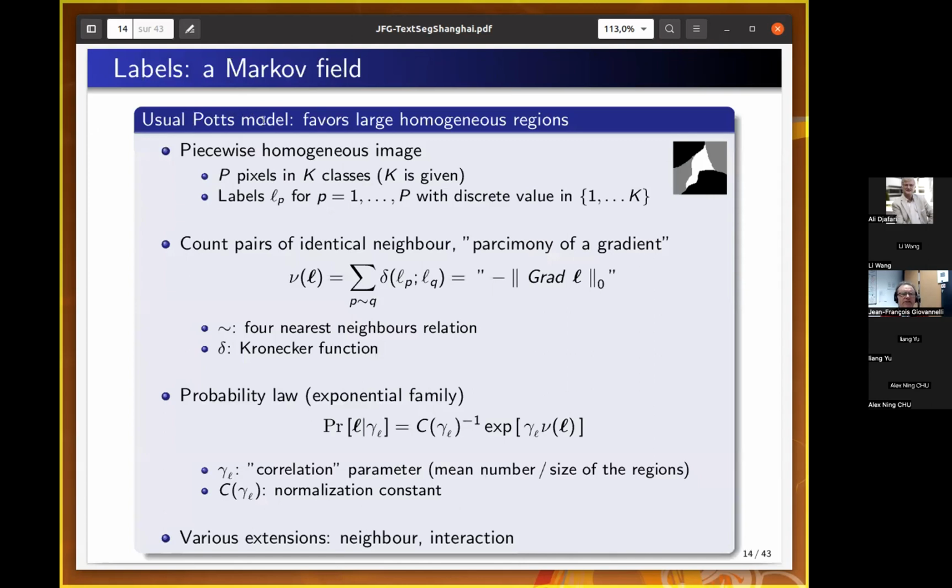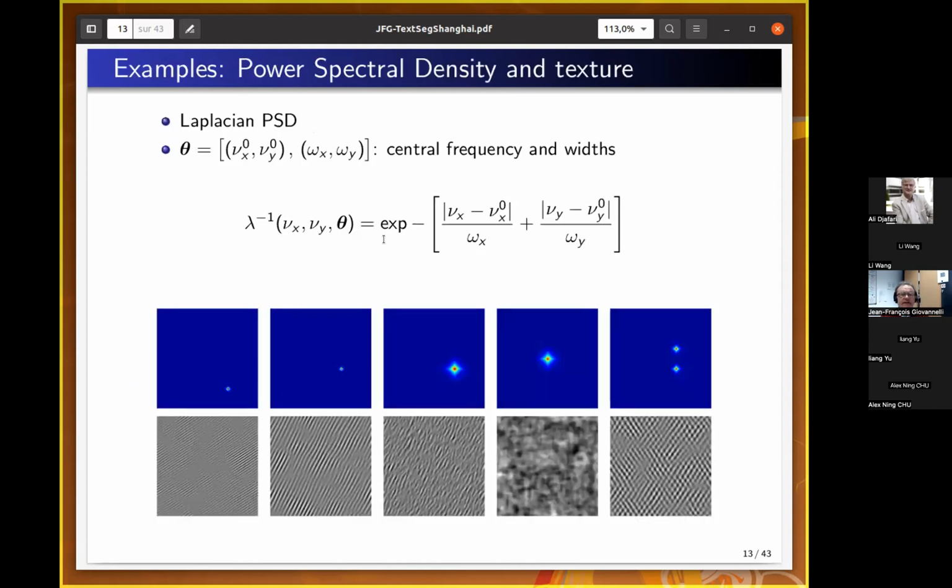This is an example. I have a Laplacian power spectral density in that form. It is parameterized by the parameter theta, for example, the central frequency and the spectral width. This is the power spectral density, this function. And this is a realization of the Gaussian model with that power spectral density. This is another example.